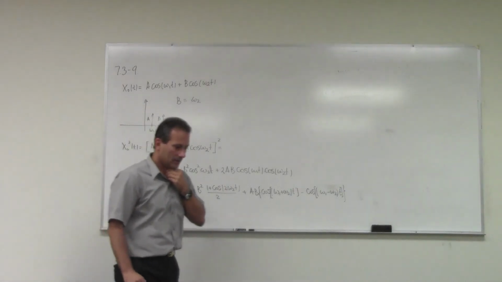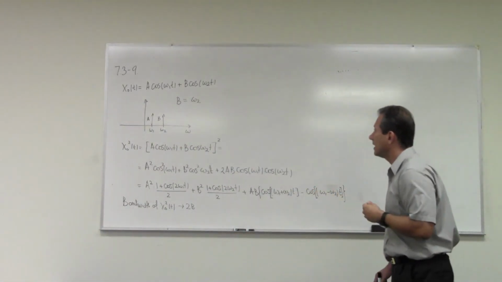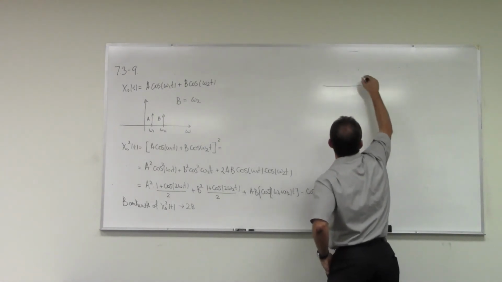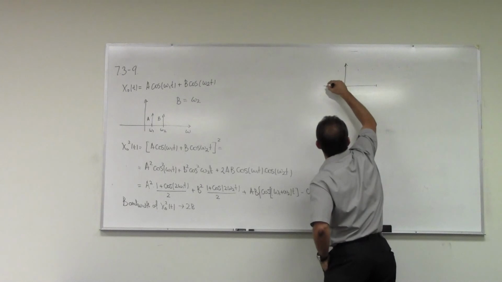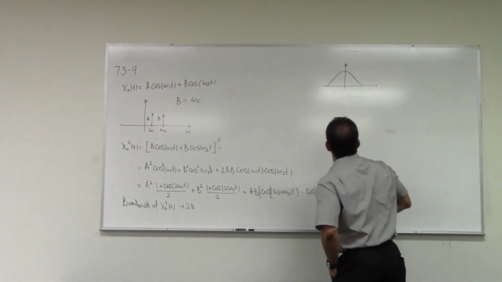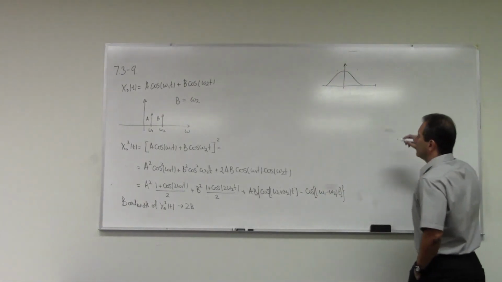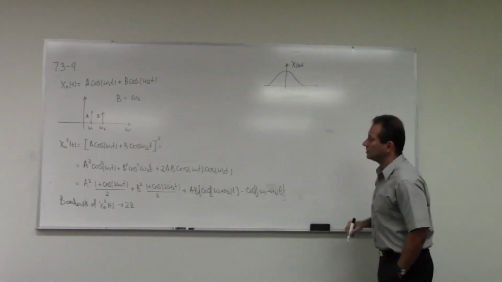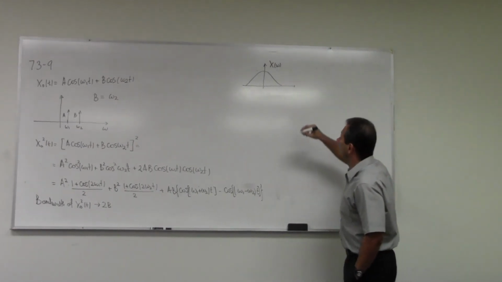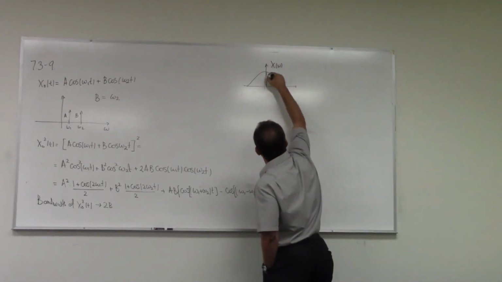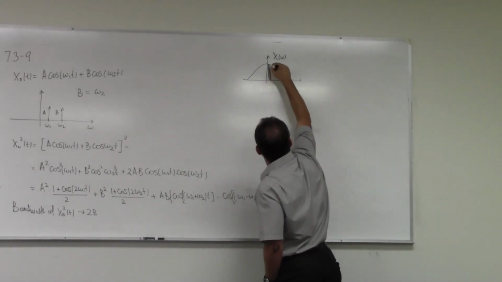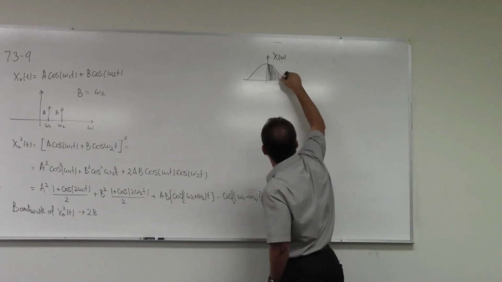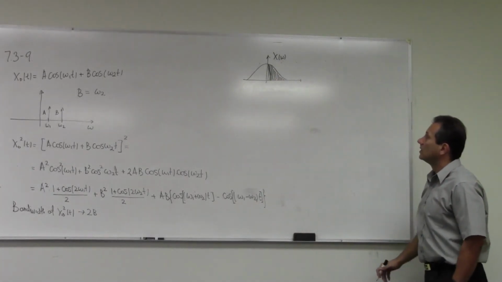Now what happens if I look at a signal that looks like this? In the frequency domain, this is x of omega, and you can think of it as consisting of many sinusoids, each one contributing a small amount to the spectrum, but they're all adjacent to each other. If I square this signal, what will happen?